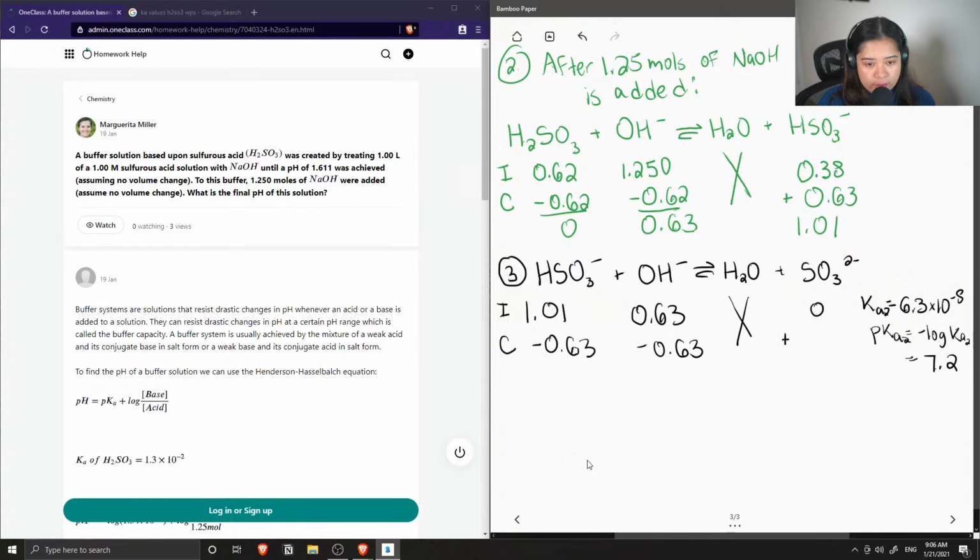And the change for the SO3 2- will be plus 0.63. Okay, so now for equilibrium, we get 0.37. The hydroxide ion is now 0. And for SO3 2-, you get 0.63.